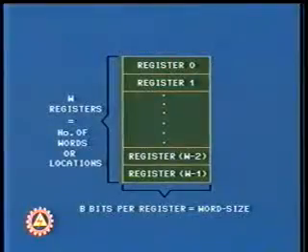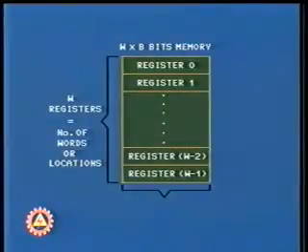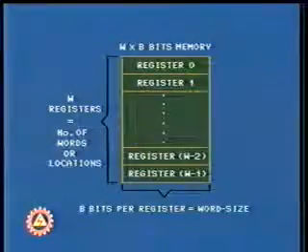From the system point of view, memory is organized as W times B, where W stands for number of registers or locations contained in that memory block, and B represents width of each register in bits.